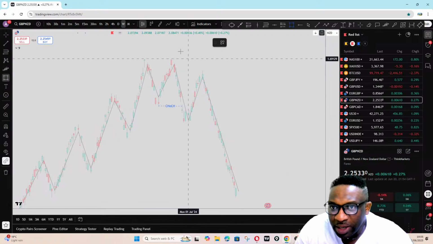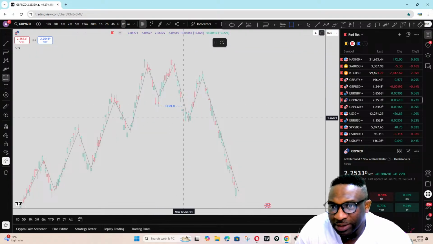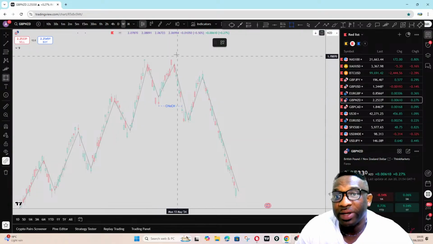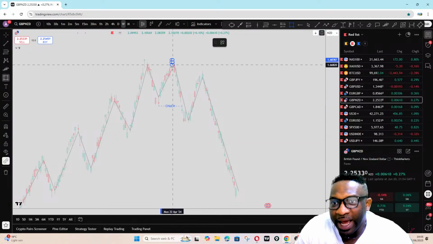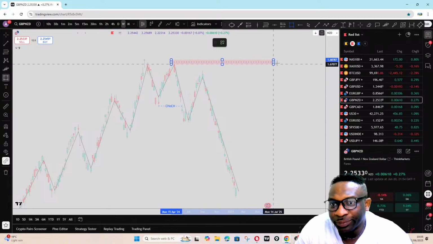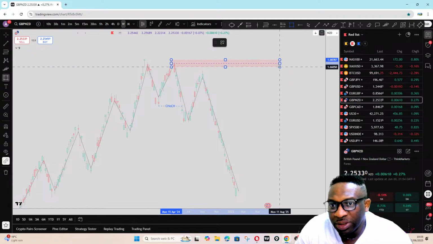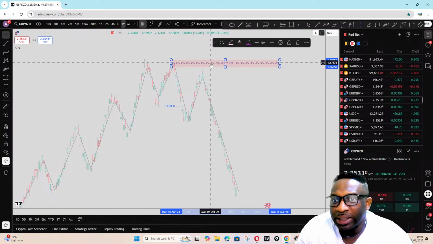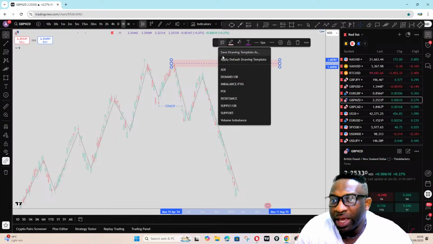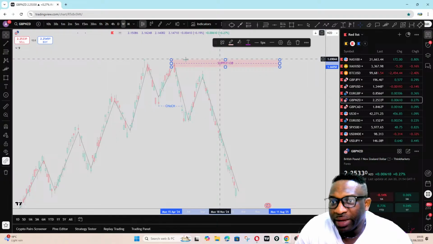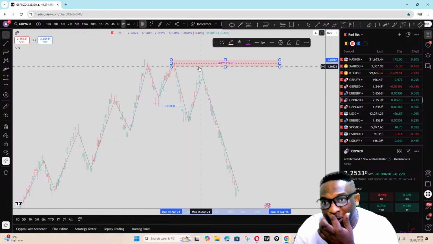This is the last candle before this downward move. We take the high and the low of that candle and extend it to the right. That becomes our area of interest, and we mark it as a supply area.